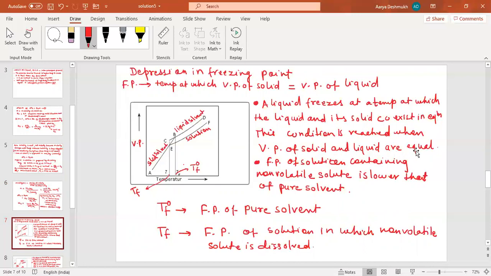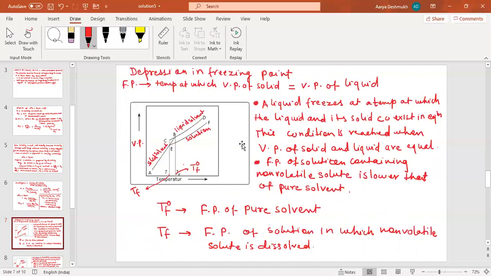Means if you take the example of water and ice, a temperature will be reached, suppose 0 degrees Celsius. At that temperature, when the water starts freezing, some amount of water will still remain in liquid form. Means once the equilibrium is attained, then the freezing of the solvent or the liquid will start.